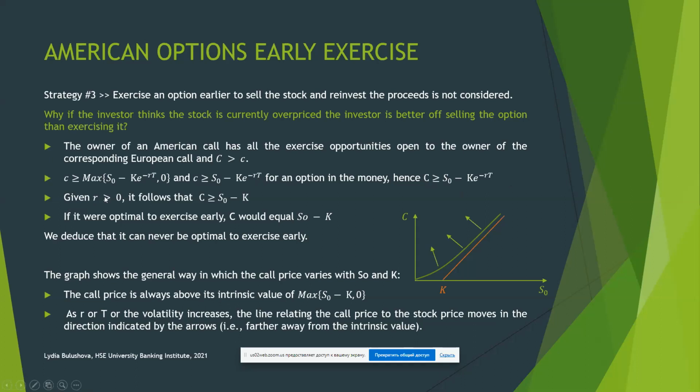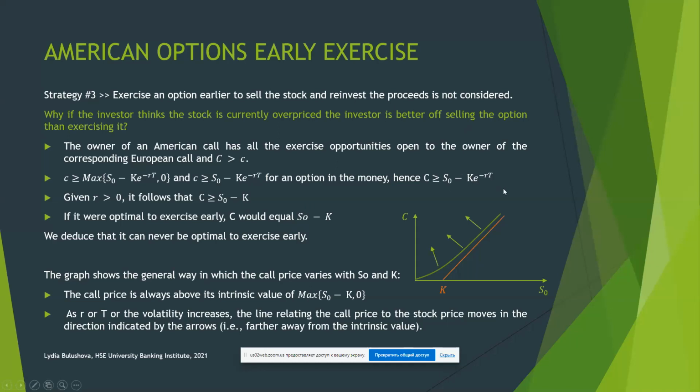Given our interest rate is greater than 0, this K multiplied by the discount factor, compared to K without any discount factor, this K is greater than K multiplied by the discount factor.